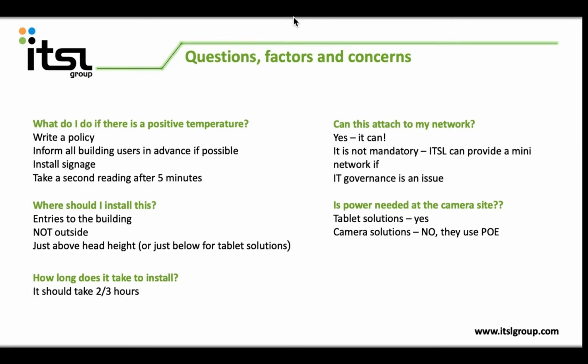If not, it's a case of installing signage and informing people as they turn up if you're dealing with visitors. If there is a positive reading or a temperature reading outside of the bounds that you set, because that is down to you, we recommend taking a second reading after 5 minutes, either with the same camera to allow for an equalization of temperature if they've come in from outside, or using a handheld device.